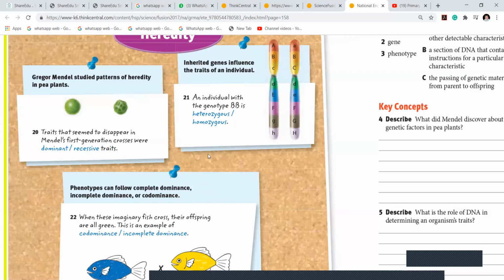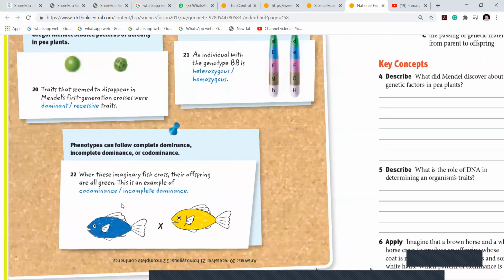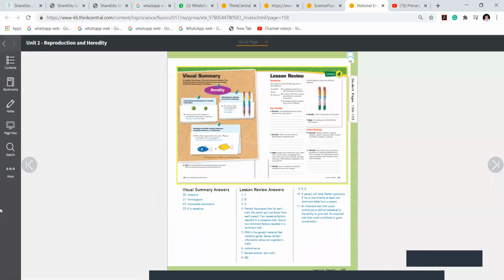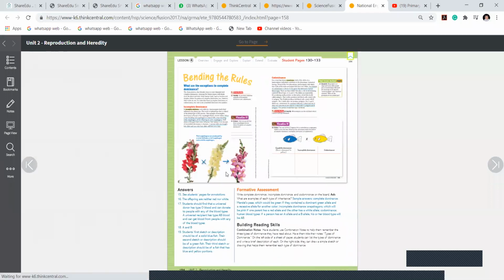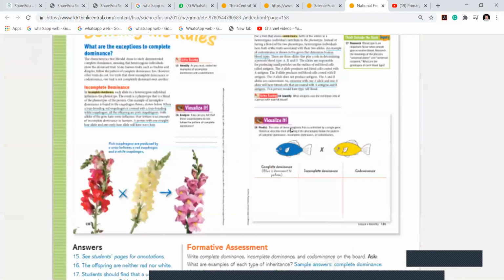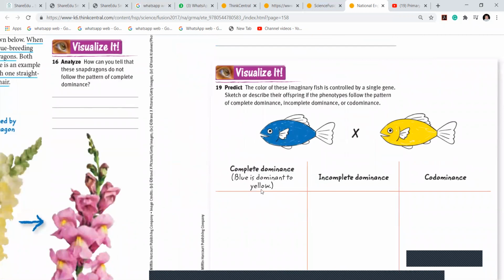Okay, we have blue and yellow fish, and you get green, all green. Is it codominant or incomplete dominance? Yesterday we learned here. Where did I draw green? Mixture of blue and yellow, green. Which dominance?